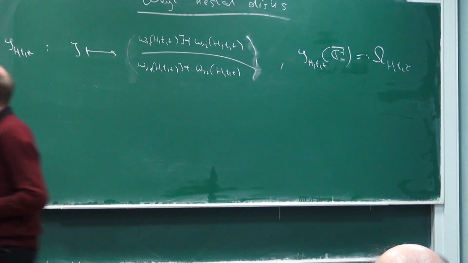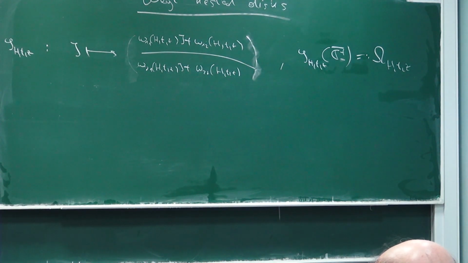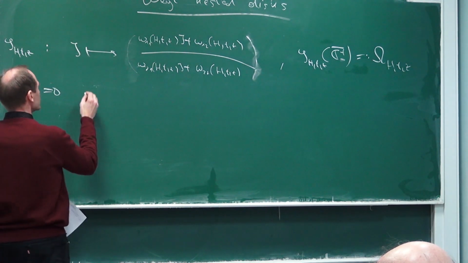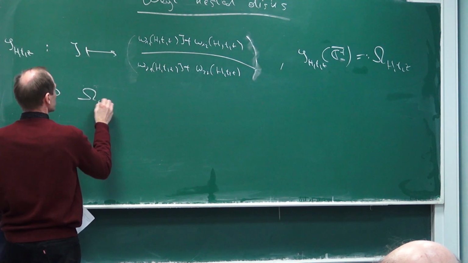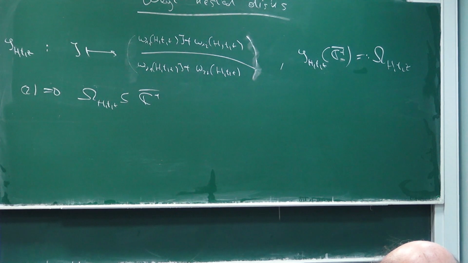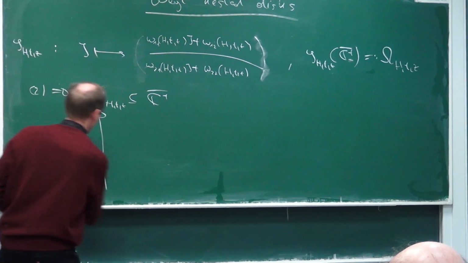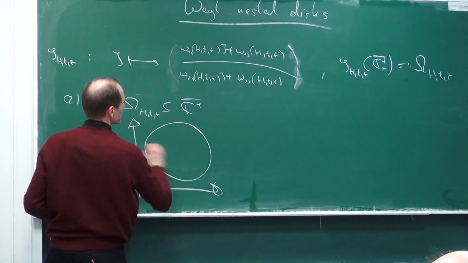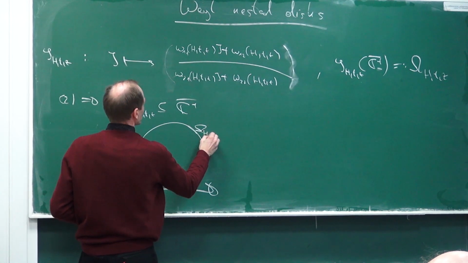No. Not just somewhere. Positivity implies that that disk is contained in the upper half plane. That's because of positivity. So you have the picture. Here you have the upper half plane, and then that disk is here somewhere, omega of H, T, Z.